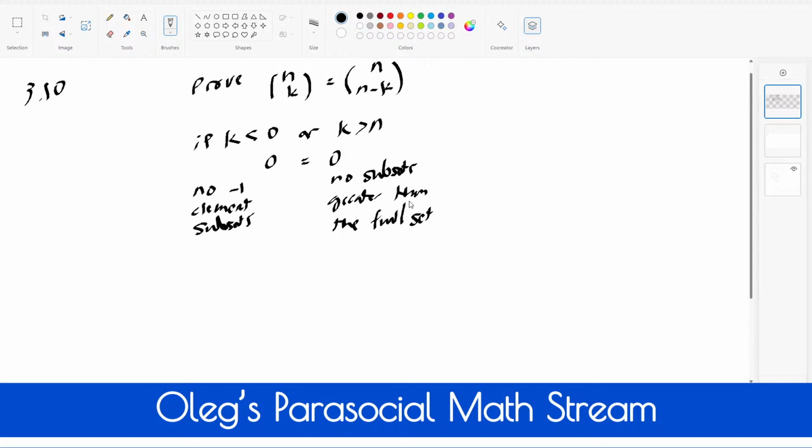Okay. So we can assume for the rest of the proof that we are working with a range of k that is greater than or equal to 0 and less than or equal to n.